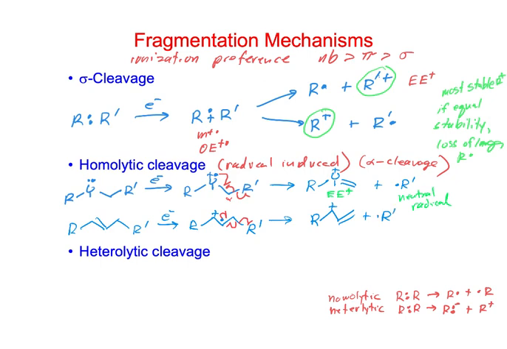And so notice what we're generating here is this allylic cation. Right? So that cation is stabilized by resonance. And this is also the even electron ion. And if it's just some double bond in a chain, it could cleave the other direction as well.